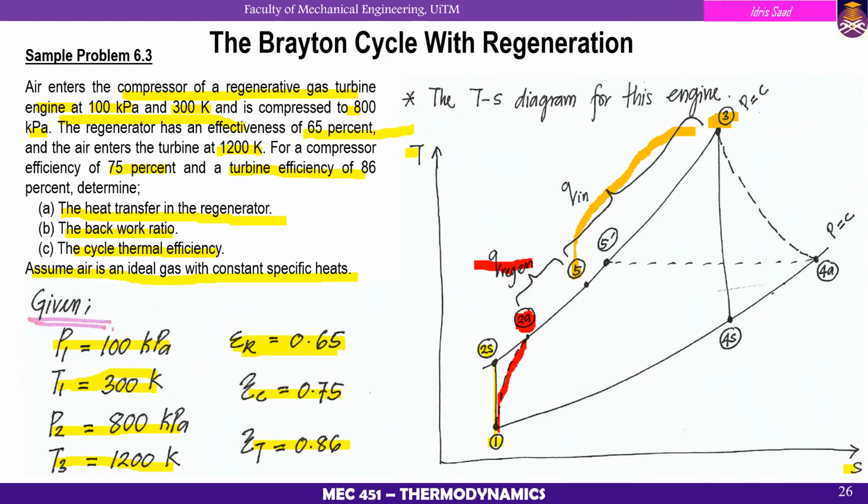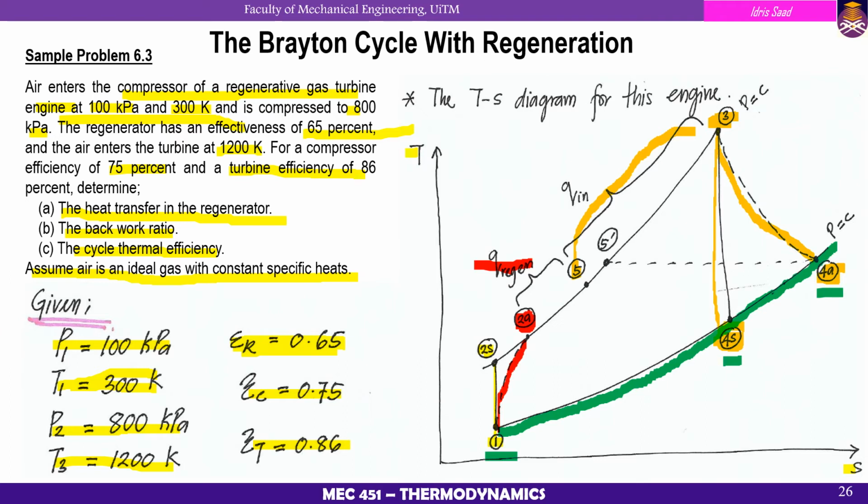Then the air goes through the turbine. This is the isentropic expansion in the turbine to state 4S. However, the actual goes here, so this is state 4A. Please do remember that this is a constant pressure line, where P1 is equal to P4S is equal to P4A.